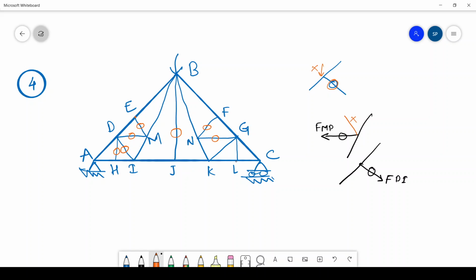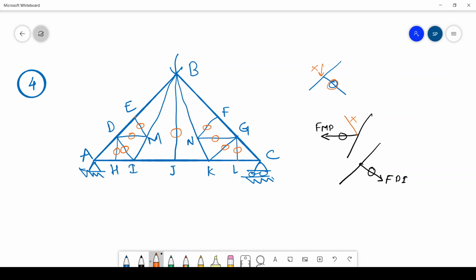Then I will go to joint L. At joint L, no external load, so this member force GL will be 0. Then I will move to this G. If I move to this G, what has become? This GK will become 0. Now if I go to this I, right?